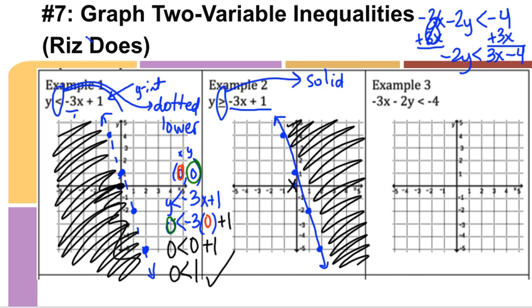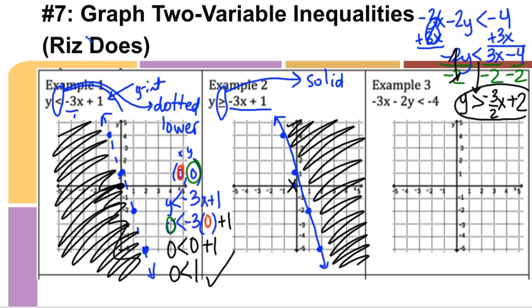Now I have to divide by a negative number. Since I divide by negative 2, that means my inequality switches. So this is no longer less than, it is now greater than. So now I have y is greater than negative 3 over 2x. Negative 4 divided by negative 2 is positive 2.